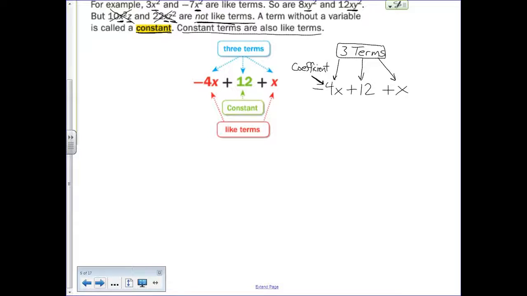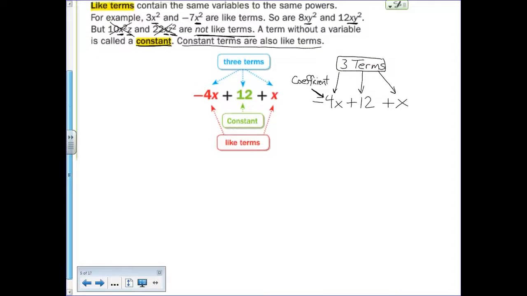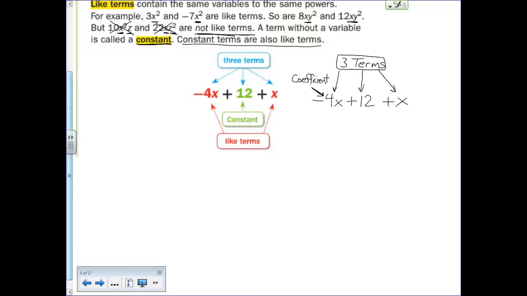I before E except after C. I think I just spelled that wrong. Nope, that's correct. There's always words that break the rule. So negative 4 is a coefficient, but then I want you to write here another arrow. And I want you to write coefficient is 1. And I want you to put that in a box. That is very important.